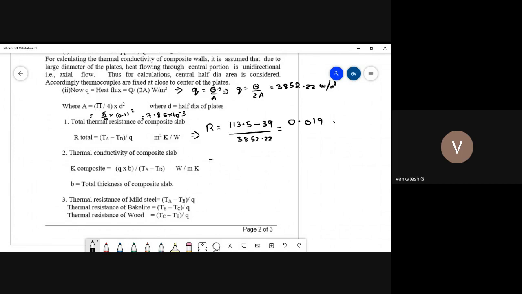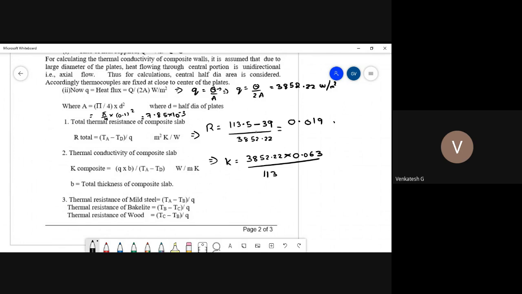Next, in the same way, calculate the thermal conductivity. So K is equal to Q into B. The heat flux is 3852.22 into, so what is the total thickness of the composite slab? It is 63 mm. If you convert that into meters, 0.063, divided by TA minus TD.